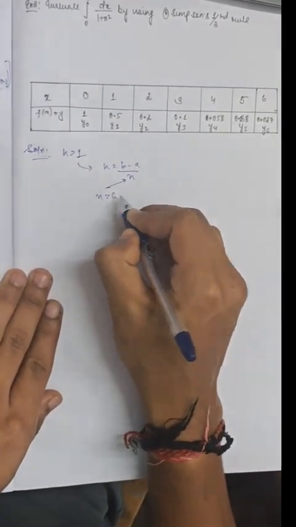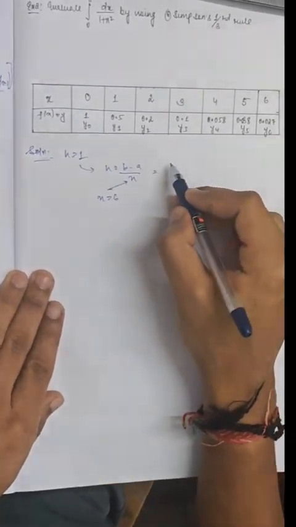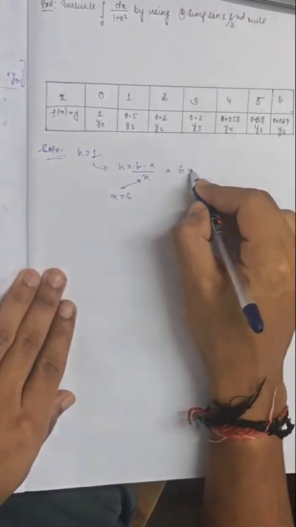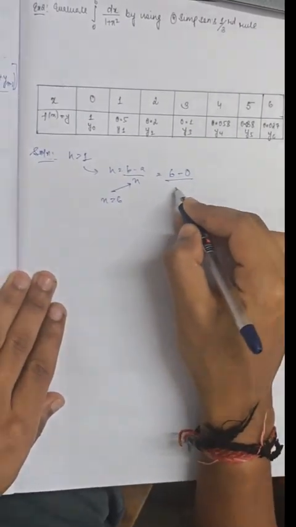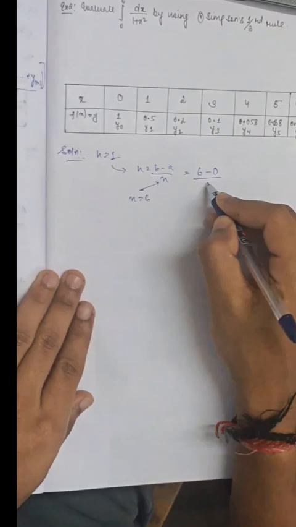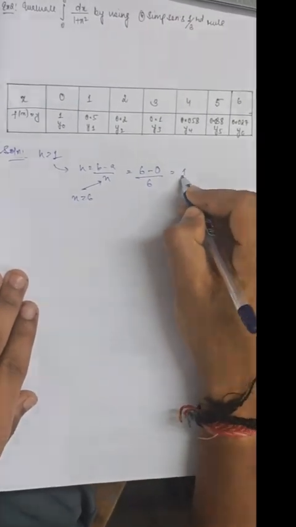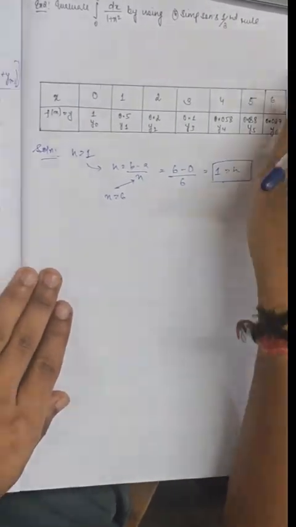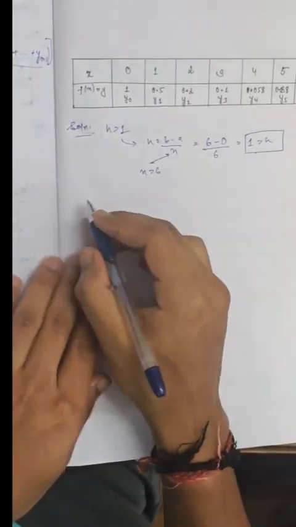So here n is equal to 6, and b minus a is 6 minus 0, upon n, which is fixed as 6. So this gives us h equal to 1. Now let's put these values in our formula.